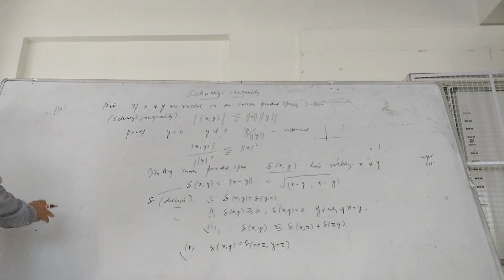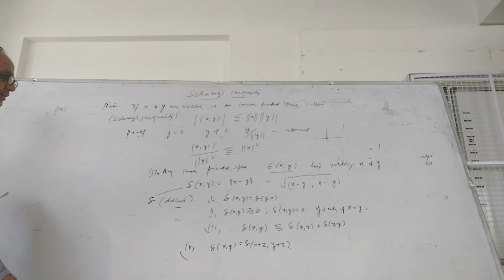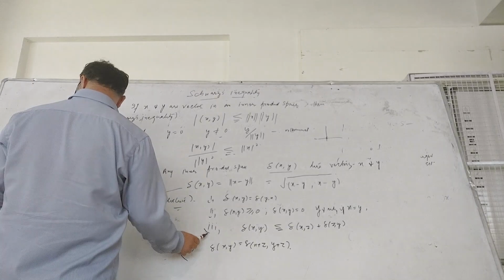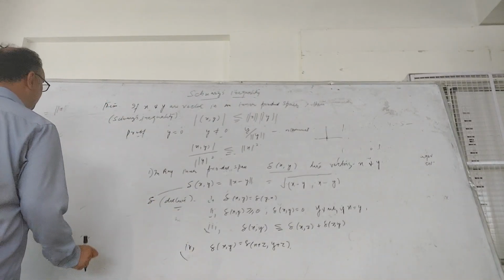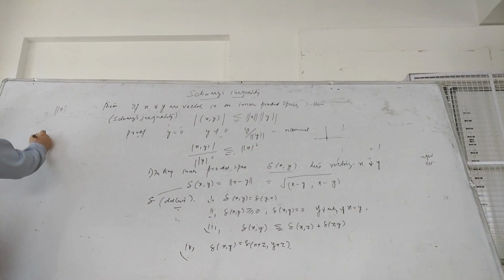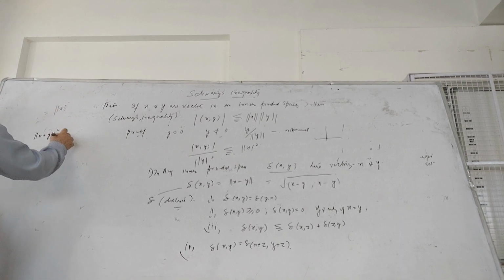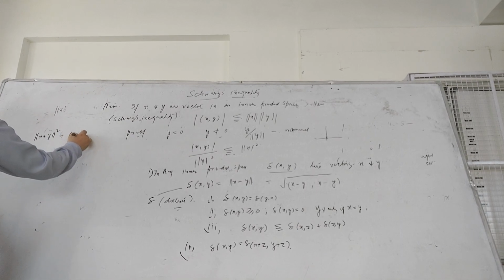Now, to prove the third property, we observe that the square modulus of x plus y can be written as the inner product of x plus y with x plus y.